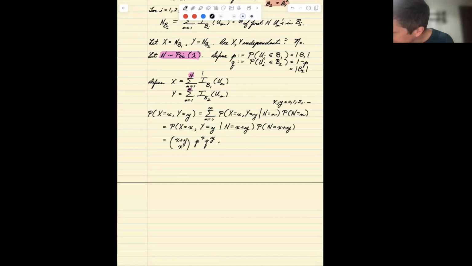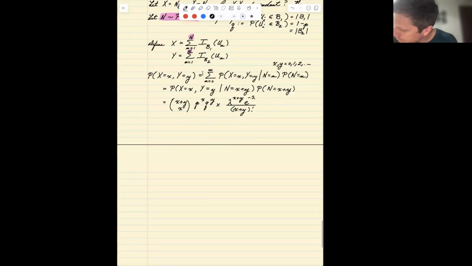And the distribution of N is Poisson, so this is lambda to the x plus y, e to the minus lambda, over x plus y factorial. If we do a little work, let's get rid of this combinatorial coefficient and express it explicitly. This is just the binomial coefficient.